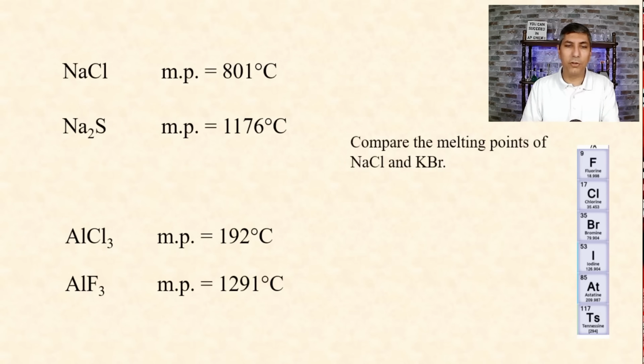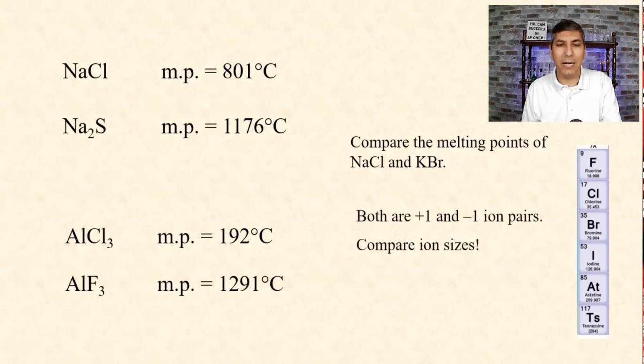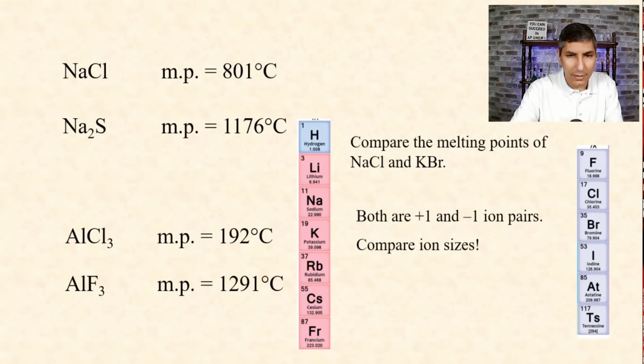Now let's compare the melting points of sodium chloride and potassium bromide. Once again, the first thing we do is look at the charges. +1 -1, +1 -1. Since it's a tie, we look at the ion sizes. We see that sodium and chloride ions are smaller than potassium and bromide ions.